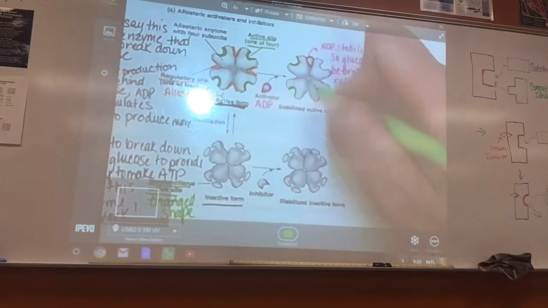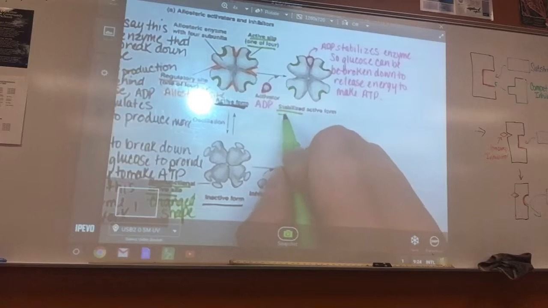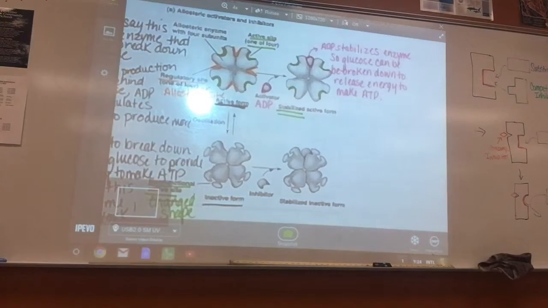So now your active sites are stabilized, and that means it can't change form. Stabilized active form means that it stays in the active form, and this enzyme is working, and therefore it's going to break down glucose and release energy to do that left part of that cycle of making ATP.